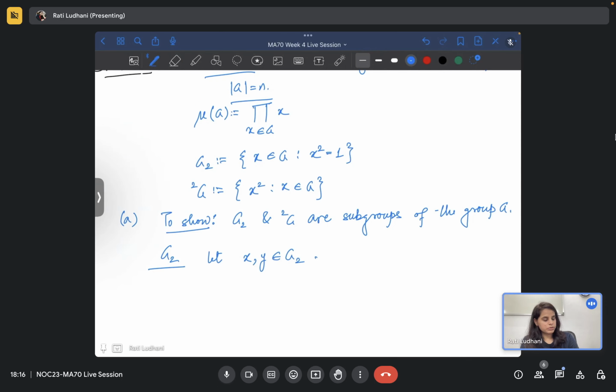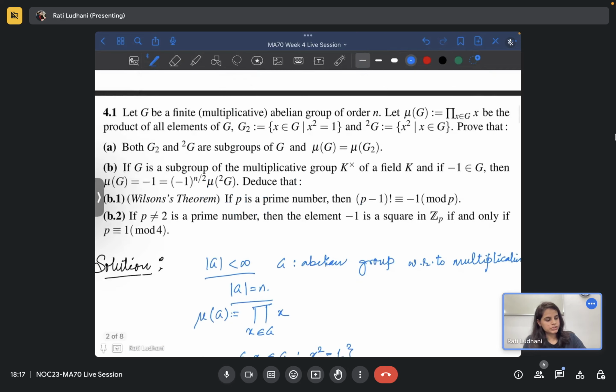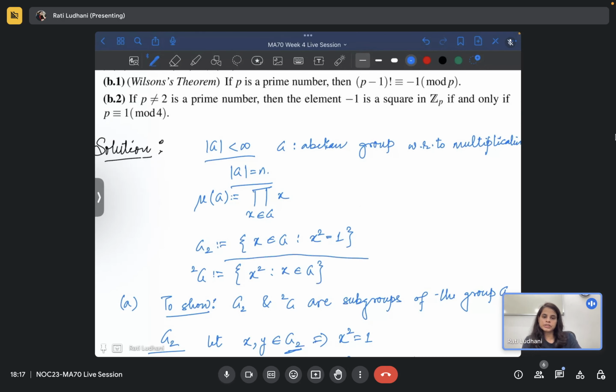So let's say xy belongs to G2, then xy times xy will be equal to, because it's abelian, yx times xy, which will be x square, which is 1 because x is in G2, and that will leave y square, and y square is 1 because y is in G2, and thus xy is also in G2. Exactly. By definition, G2 contains all the elements of G such that the square is 1.